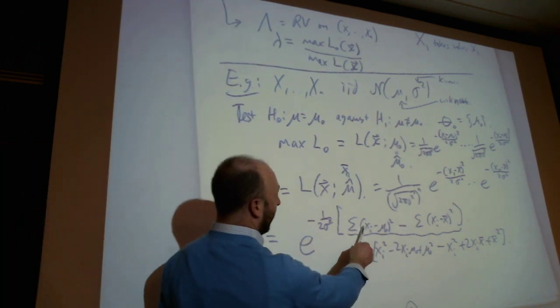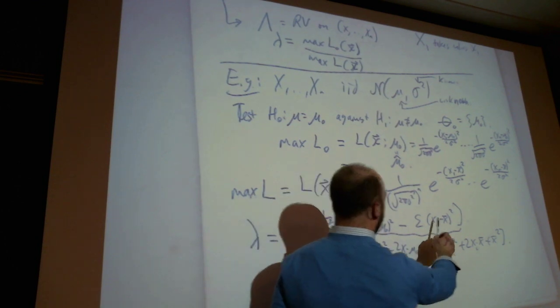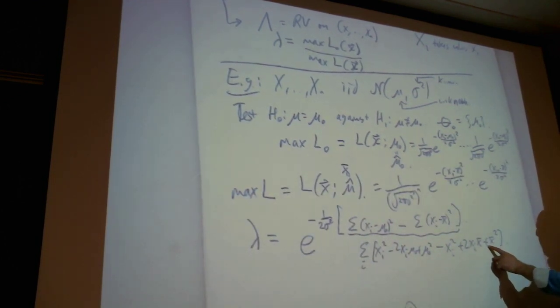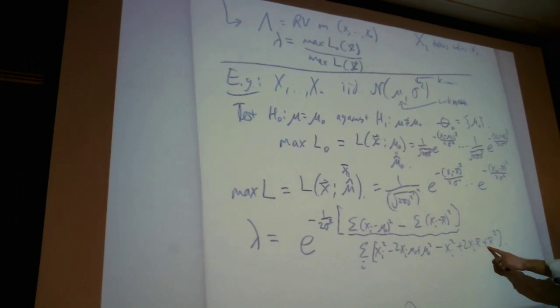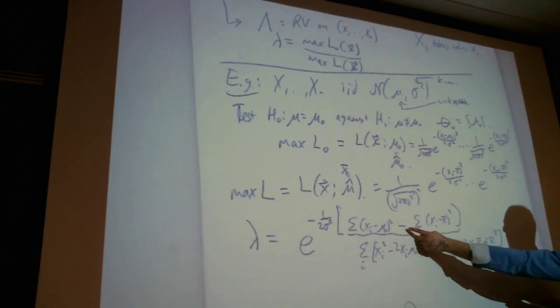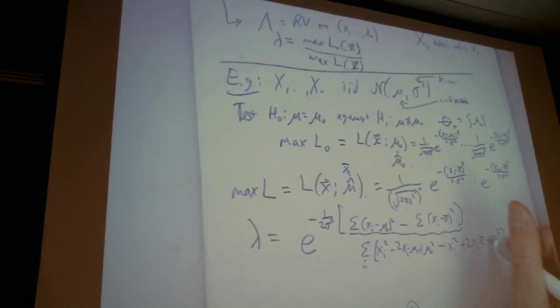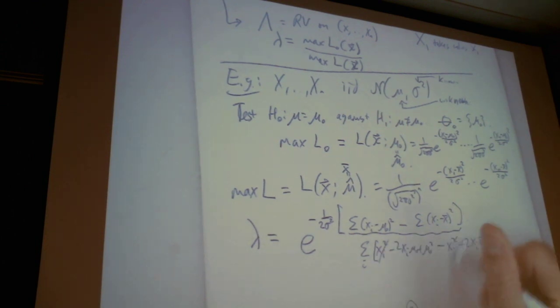I'm just opening this square, xi squared minus 2xi mu0 plus mu0 squared, and I'm opening this square, xi squared minus 2xi x bar. Nobody caught me. Plus x bar squared, but there was a minus in front that I caught here and here, but not here. Minus x bar squared. Okay? This and this cancel.